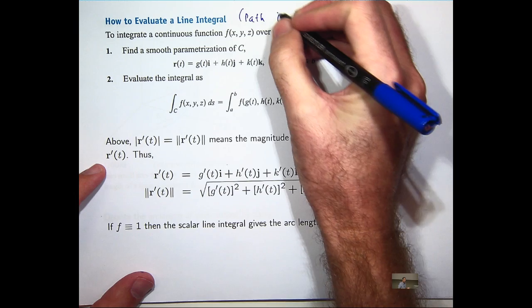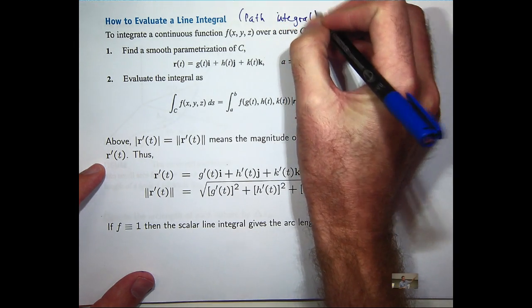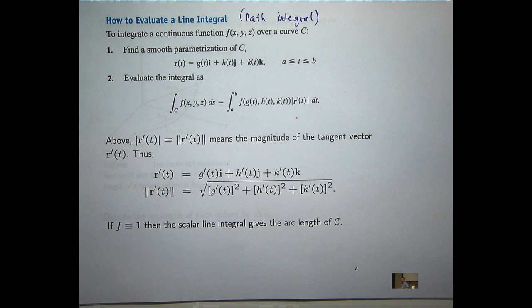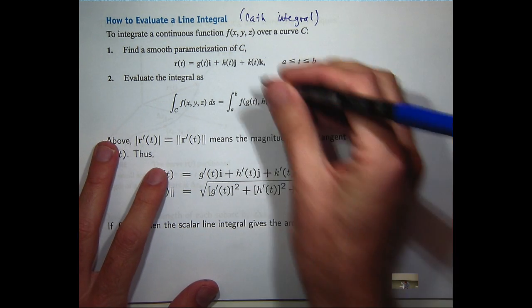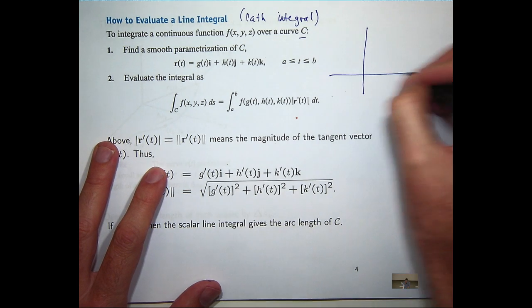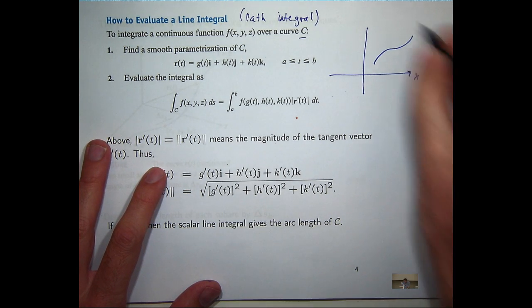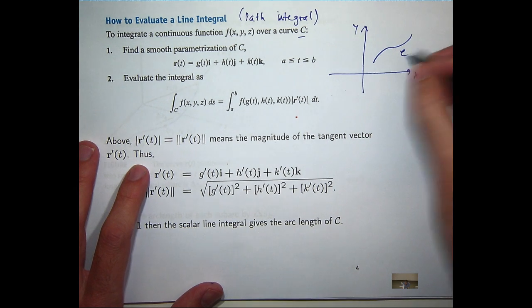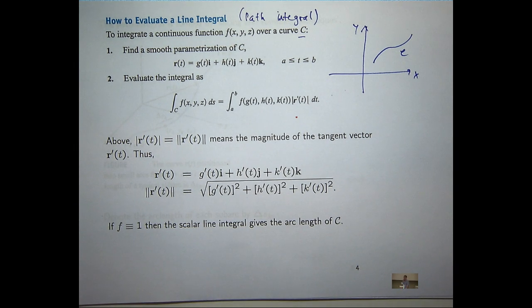In this context, I will speak of a path integral sometimes to distinguish between scalar valued functions and vector valued fields. So suppose I've got some curve, curly C, let's just draw it in the xy plane. And I've got a function, say of 2 or 3 variables, and I want to integrate the function over that curve.